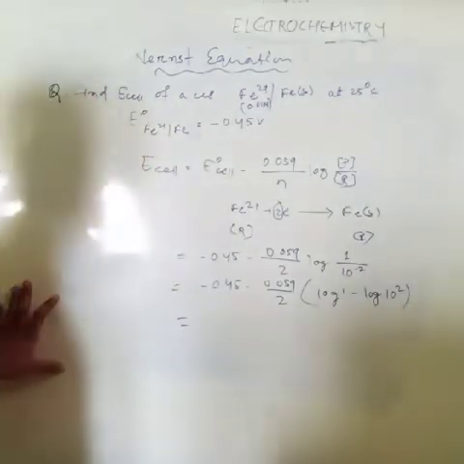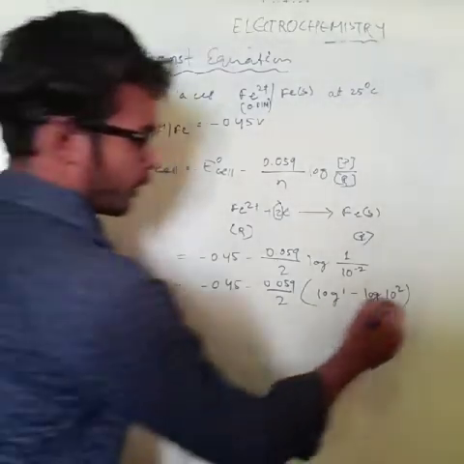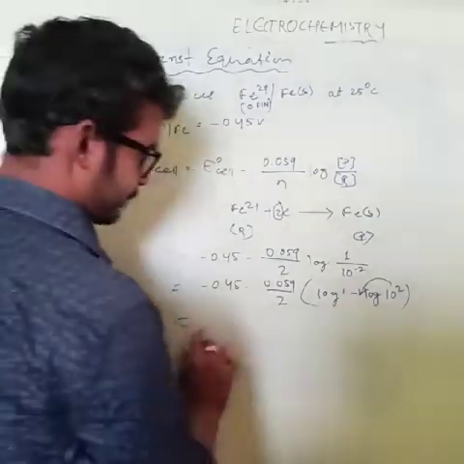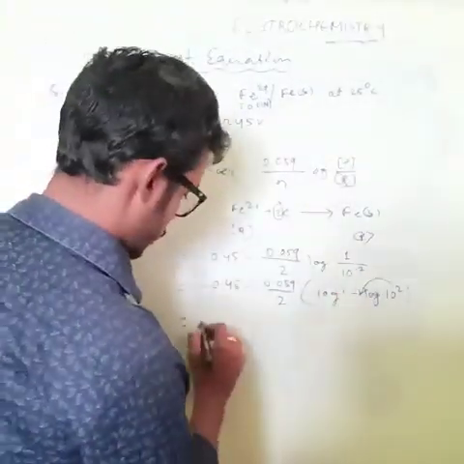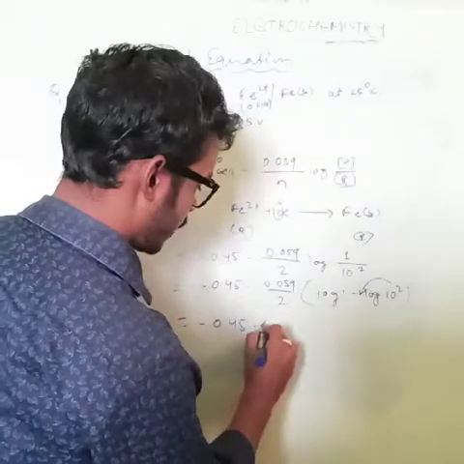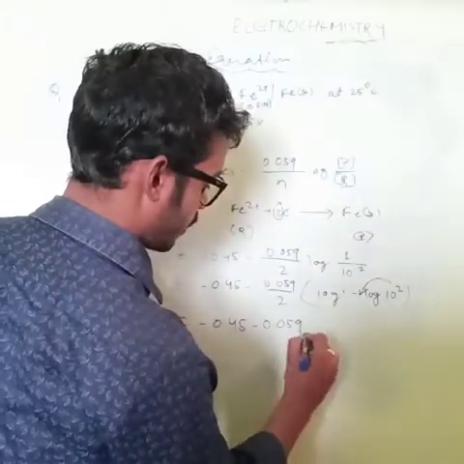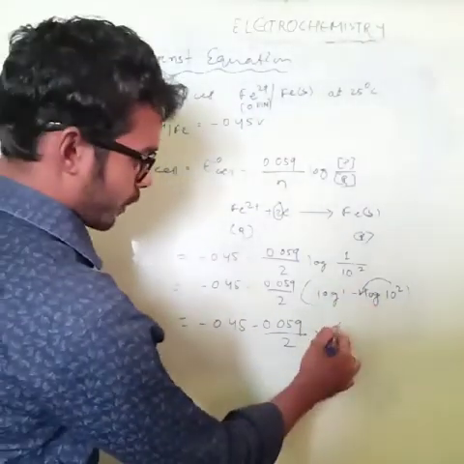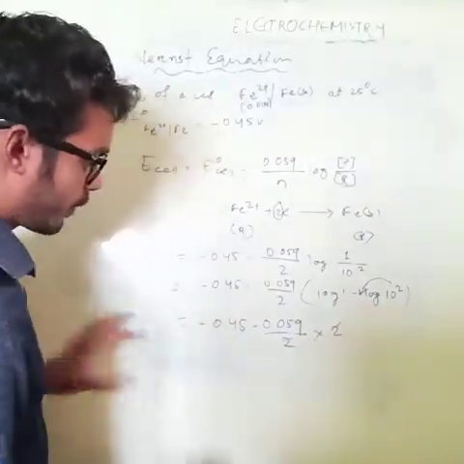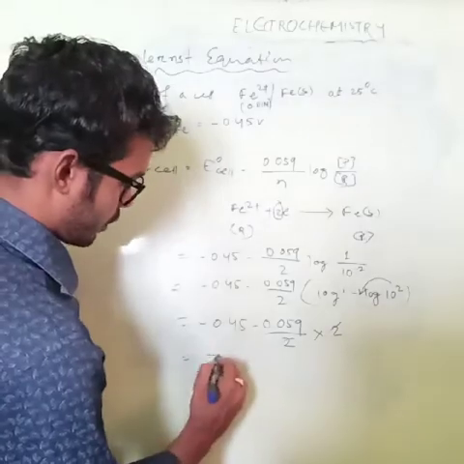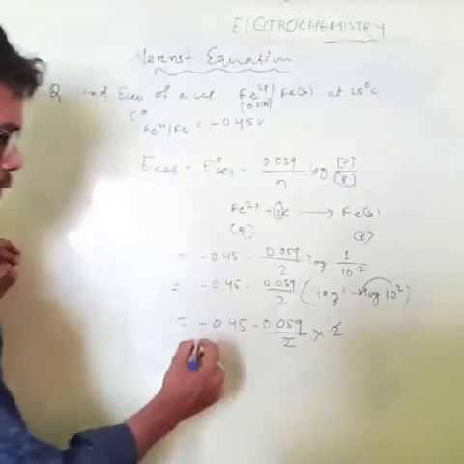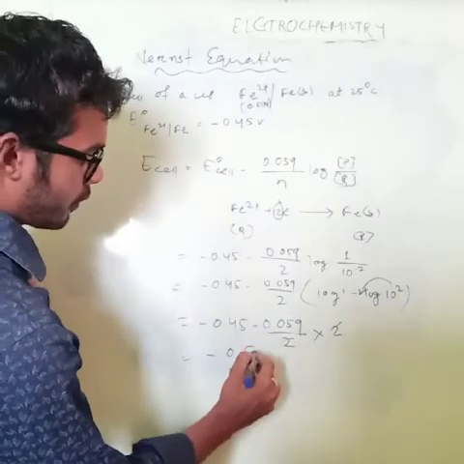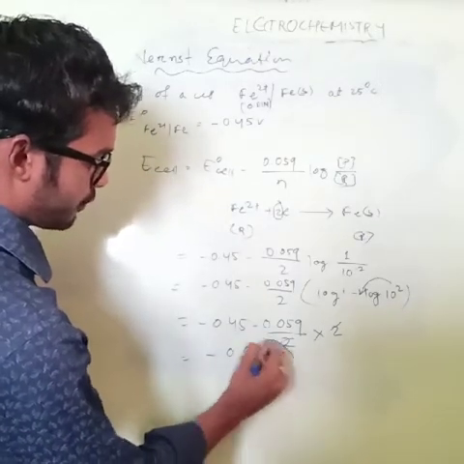So what did you get? This will become 2 log 10, and log 10 is 1. So minus 0.45 minus 0.059 by 2 into 2. This value will come 2, so the 2 cancels. So what will be the final value? Minus 0.509 volt.